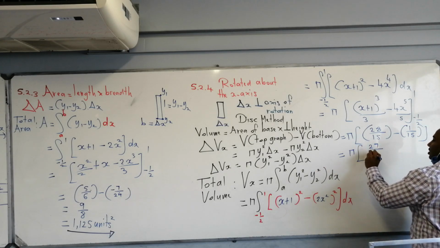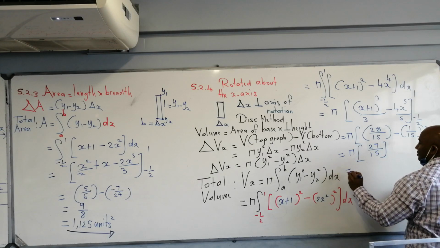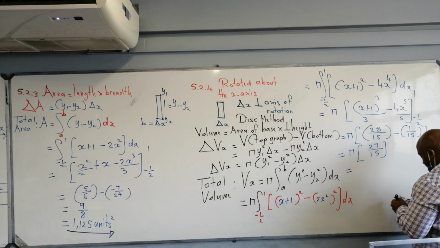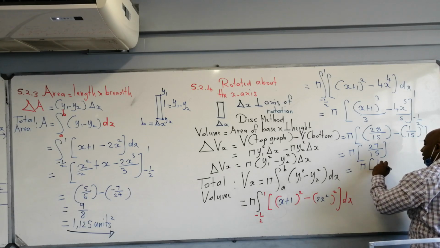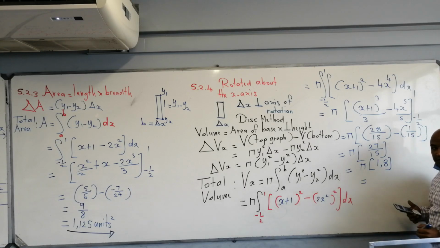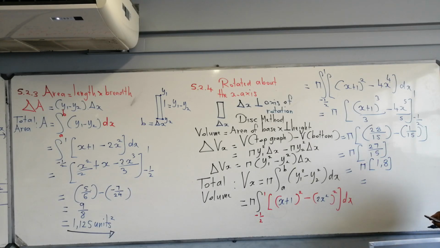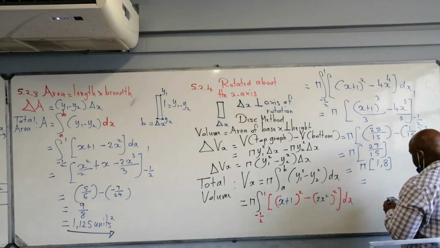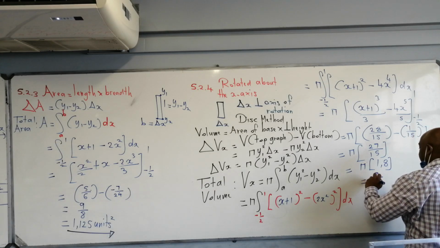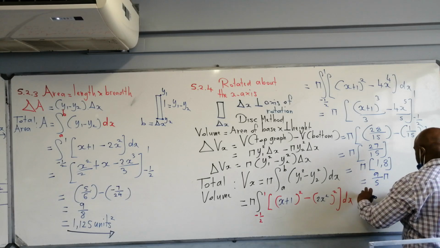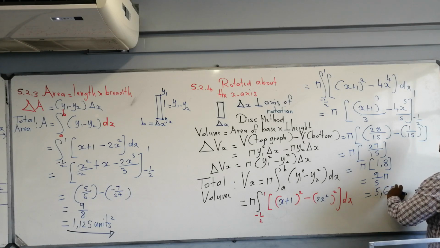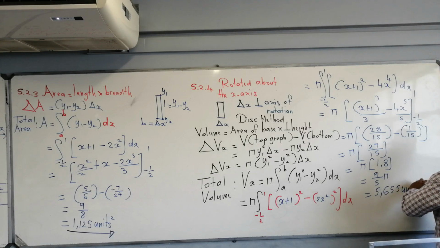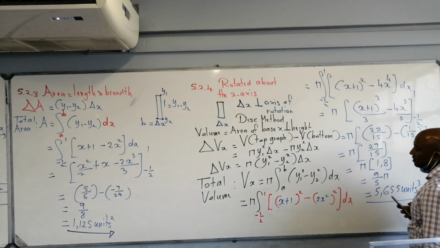So that's 27 over 15. So that's pi times 1 comma 8, which is the same as 9 over 5 pi, which is the same as 5 comma 655 units to the power 3. That is the volume.